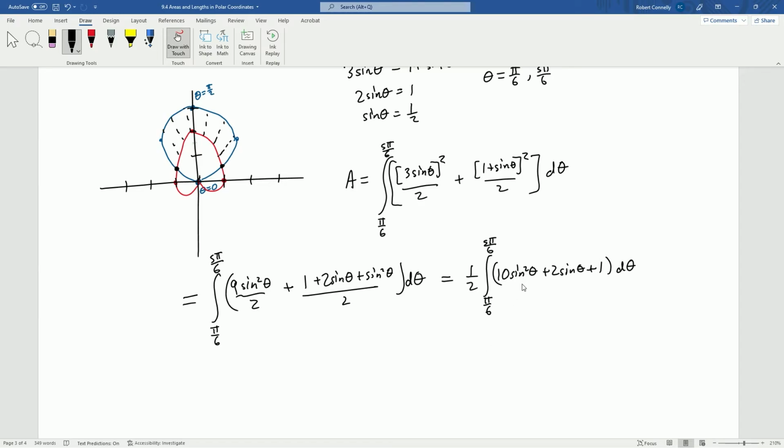Now for sine squared of theta, we're going to need the power reduction formula for that. And so what do we get here? It's 1/2 the integral from pi over 6 to 5 pi over 6 of 10 times 1 minus cosine of 2 theta divided by 2 plus 2 sine of theta plus 1.